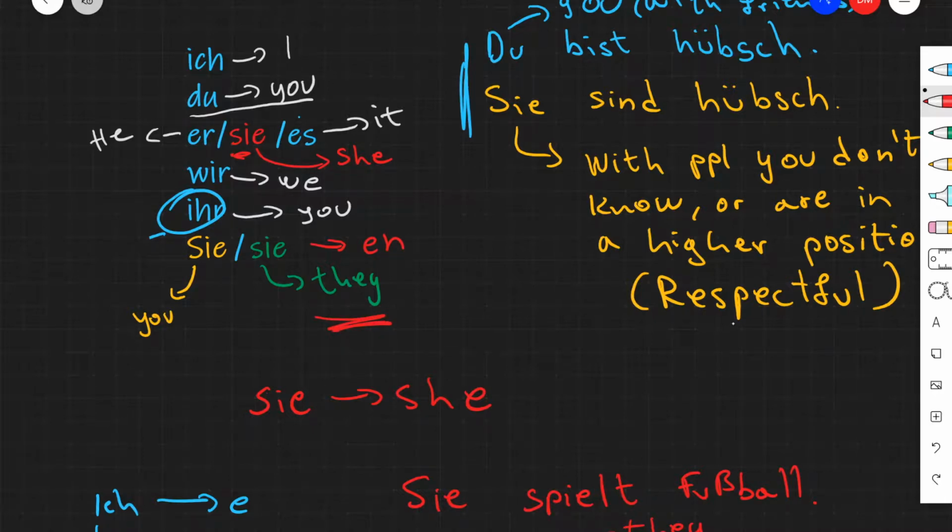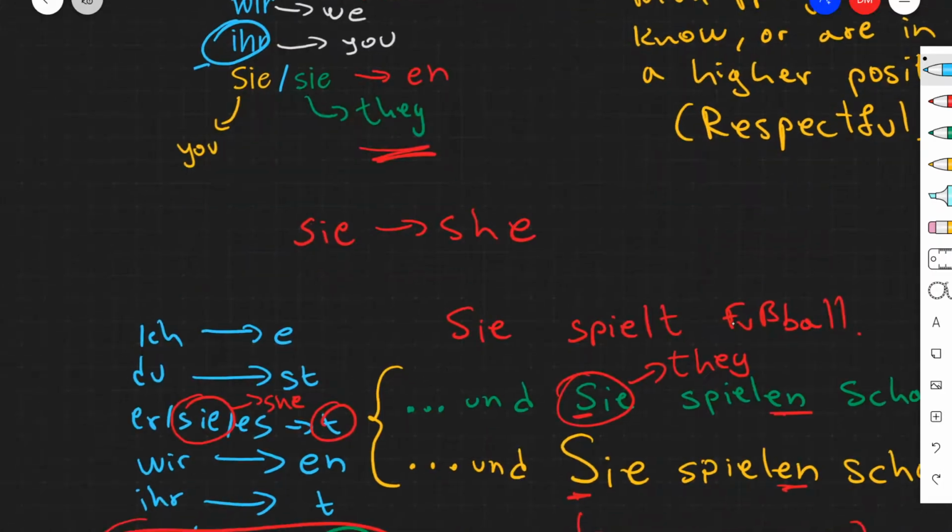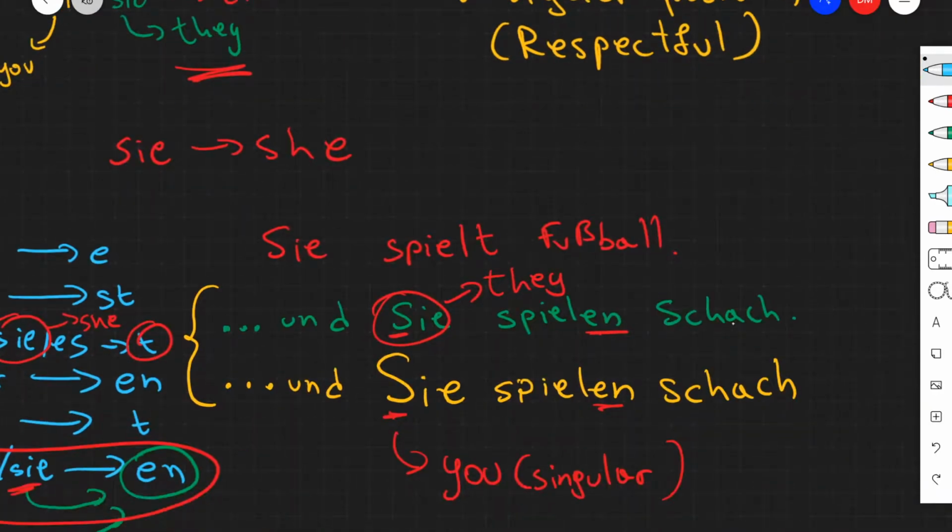While if it is a lowercase s and the verb ends with T, then you know that it is a she. The ending was T.